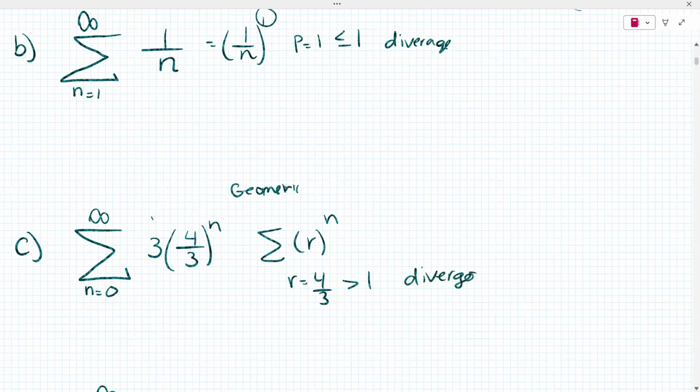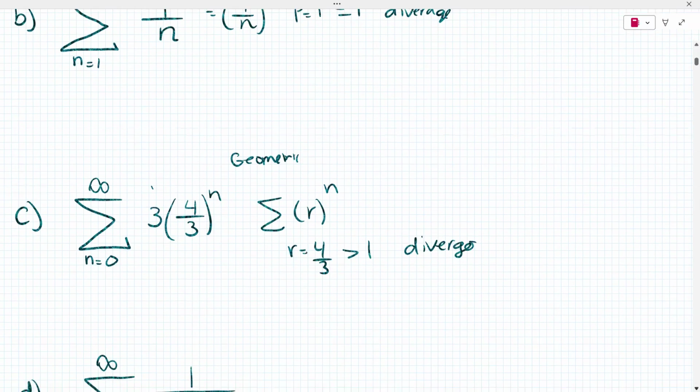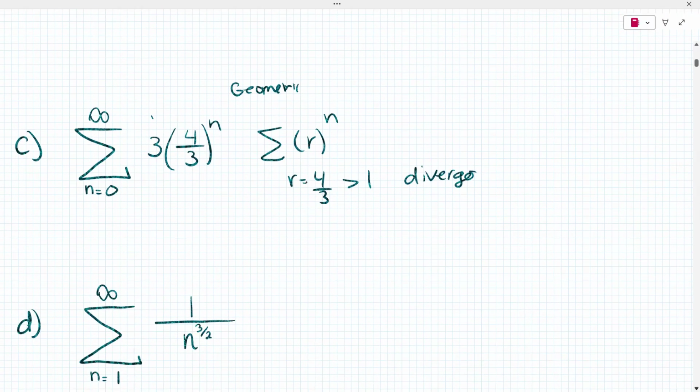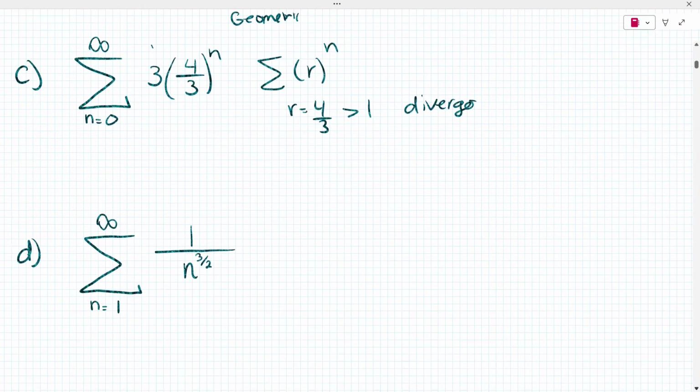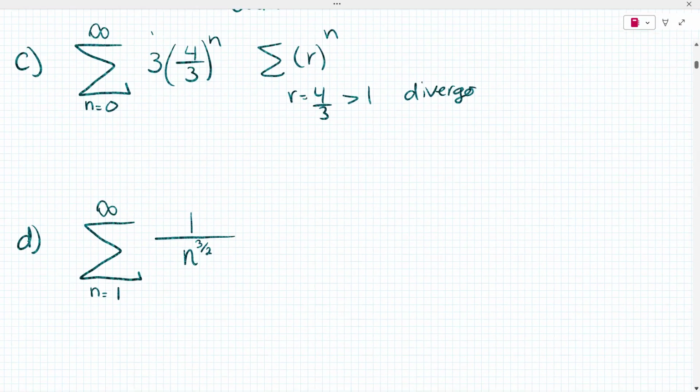So unfortunately, it diverges. Okay, let's see D. We have the summation from n equals 1 to infinity of 1 over n raised to 3 halves. What test shall we use? What if we just try plugging in infinity?